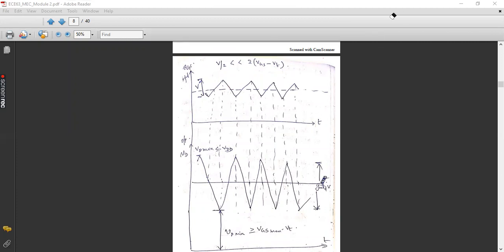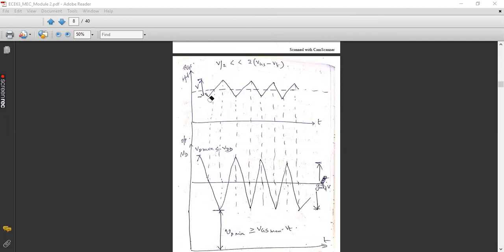Now coming to the output waveform, while drawing the output waveform, you have to be careful that you show the 180-degree phase shift. So corresponding to the positive going signal, you will have to draw a negative going waveform like this.